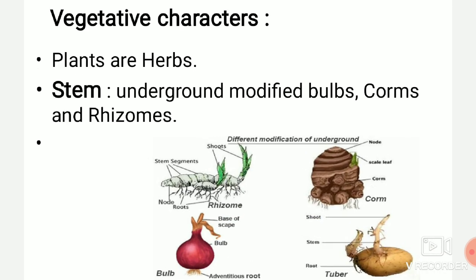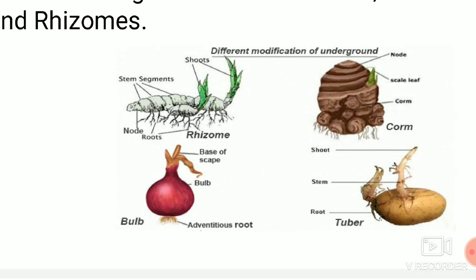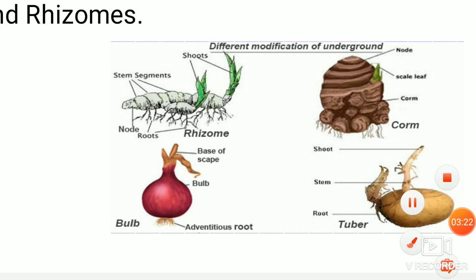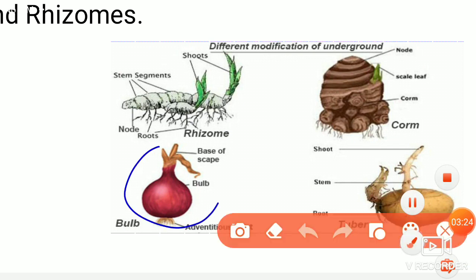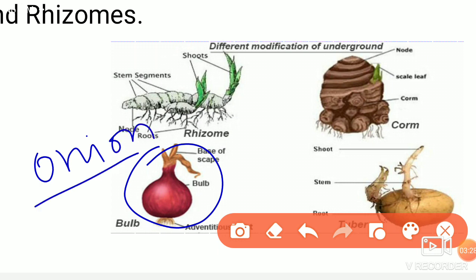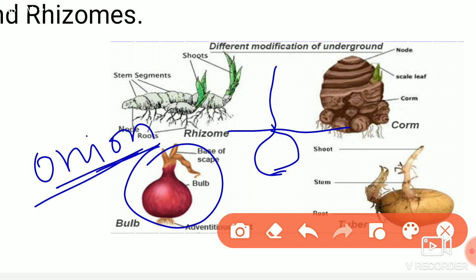Here you can see a few examples of the modified stem. Here you can see the bulb, that is onion. The stem, instead of growing above the ground, grows below the ground and forms a bulb. So this is the onion plant.